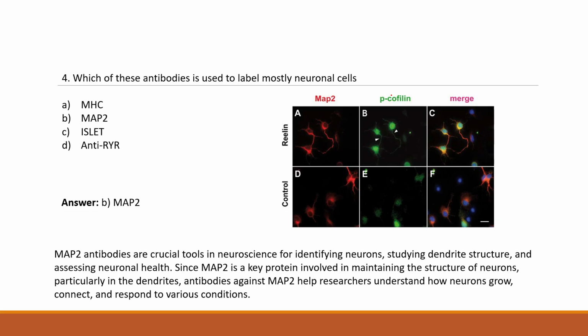Both are cytoskeletal associated proteins. Cofilin is your actin polymerization protein. With MAP2, you can see your entire neuron is stained. You can see the axon, the dendrites, everywhere wherever the cell has to maintain the shape, it has MAP2 protein. That is why you label them with MAP2.